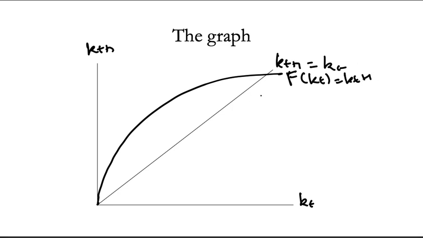You have one point here as your steady state. Let's call this point K1. You also have another one here at the origin, and this is K0. So you have two steady states basically.